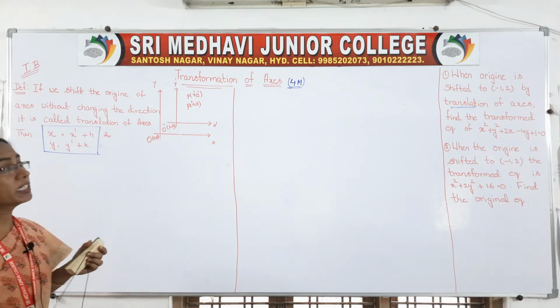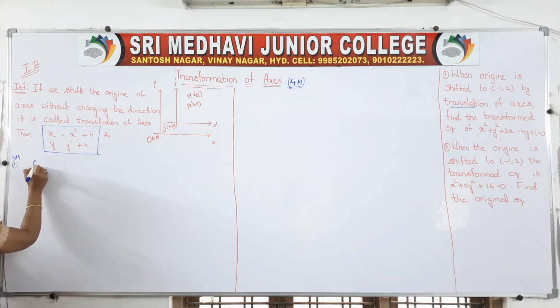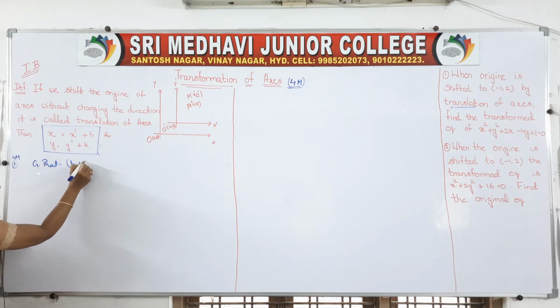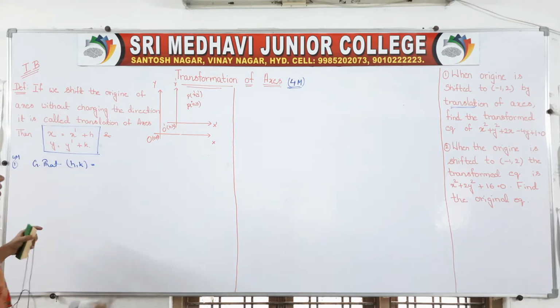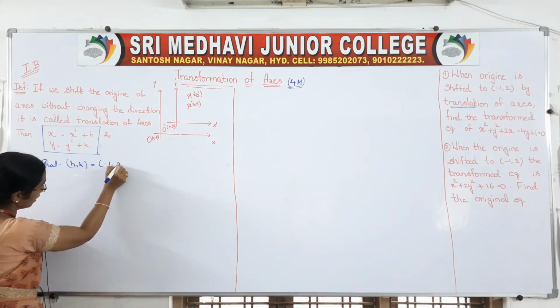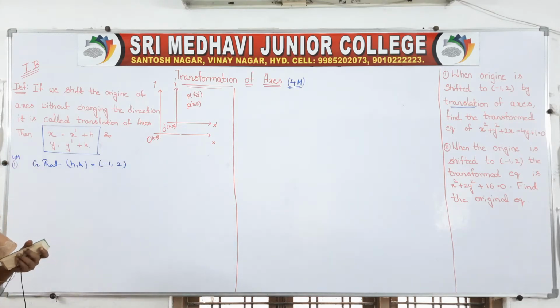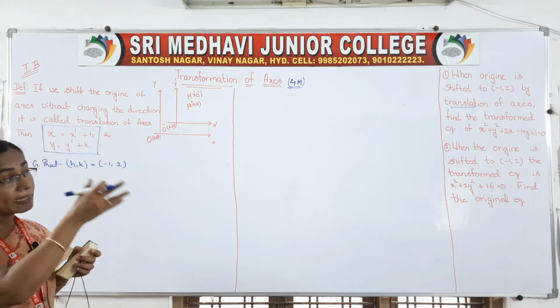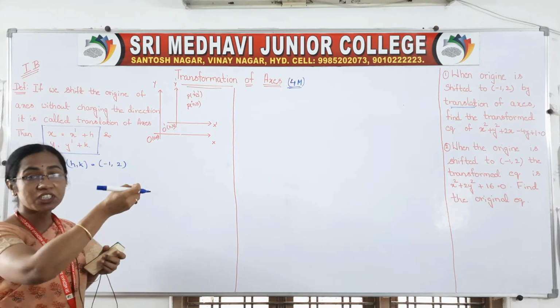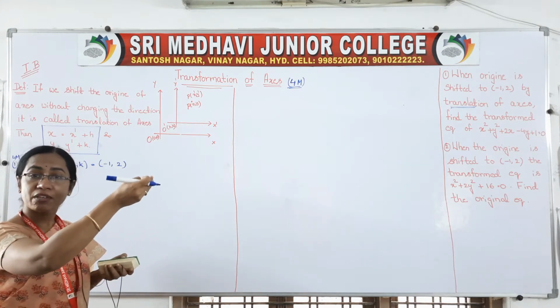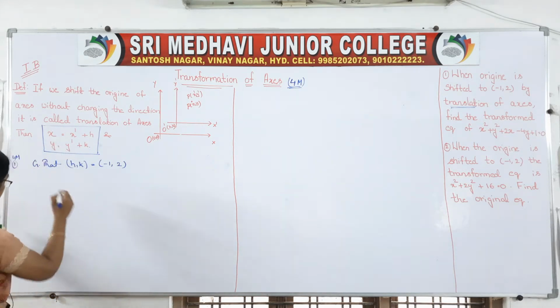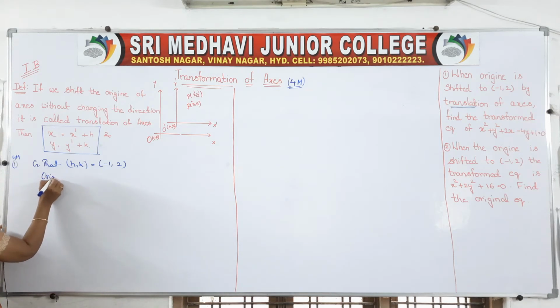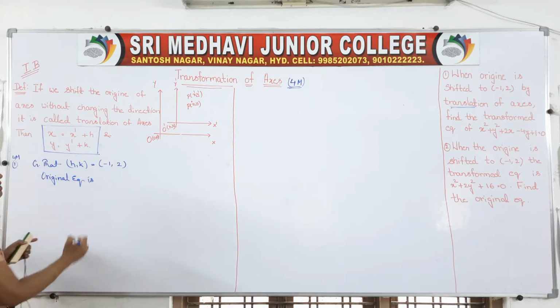So what is the question? When the origin is shifted to, what is the given information? Given that (h, k) is equal to (-1, 2), by translation of axis, find the transformed equation. The given equation is the original equation.